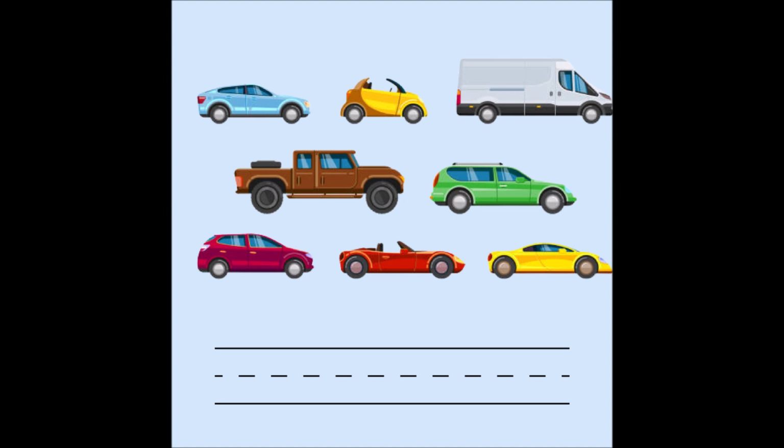Do you see that? Well, we need to see which of the cars is the shortest. Which one of these cars is shorter than the other cars? Look for a minute and see if you can see which one is shorter.